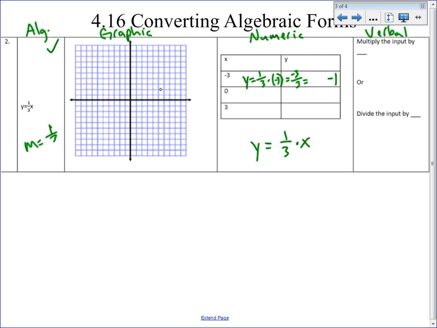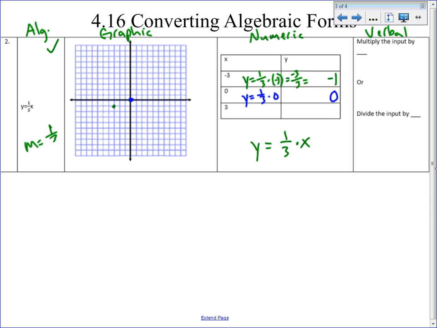We can now graph that point in our graphic. We go back 1, 2, 3, down 1, and there's our first point. Our second point, we plug 0 in for x, so we're going to have y equals 1/3 times 0. Well, anything times 0 is just 0, so we now have our y value, and we can graph the point 0, 0.